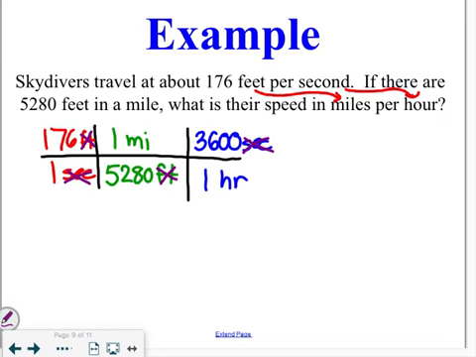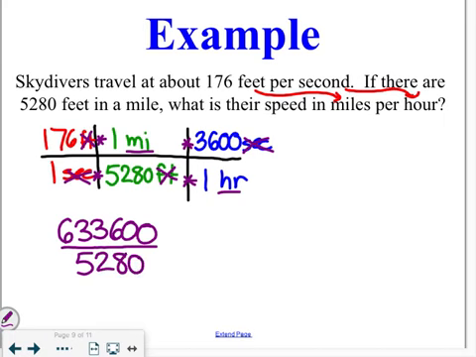Now what I need to do, since I have miles per hour, that means that I have gotten to the final unit that I want, and now I need to do the multiplication. So I multiply everything on the top and everything on the bottom. When I multiply everything on the top, I get 176 times 1 times 3,600, which is 633,600, over 1 times 5,280 times 1, which is just 5,280.